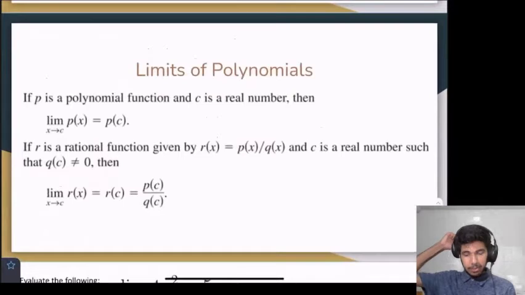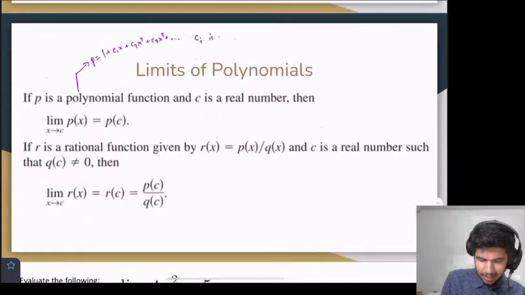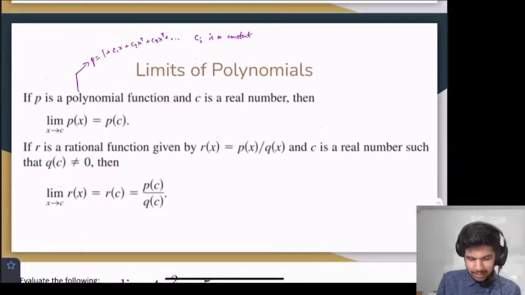So, limits of polynomials. If p is a polynomial function, that just means we have something like p of x equals 1 plus c1x plus c2x squared plus c3x cubed plus and so on, where the c's are constants, c_i is a constant, right? That's just a polynomial. And c is a real number.